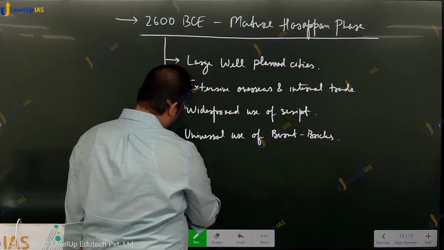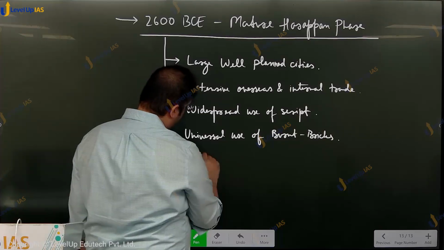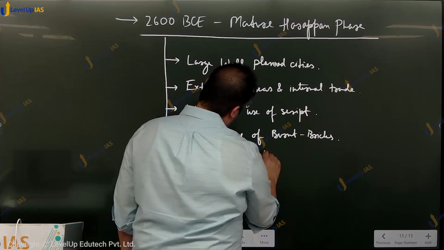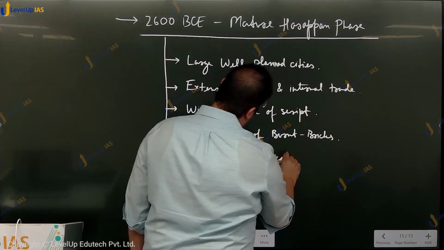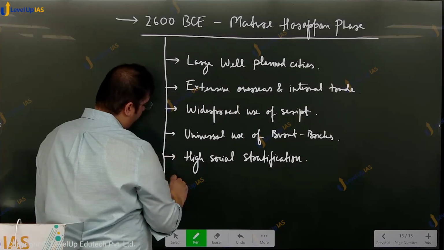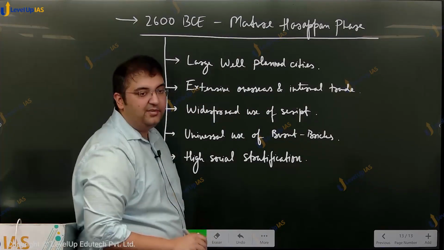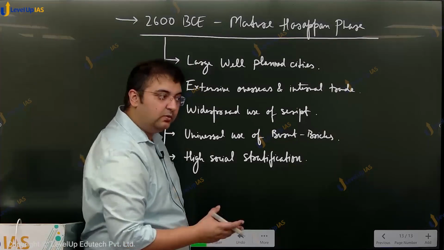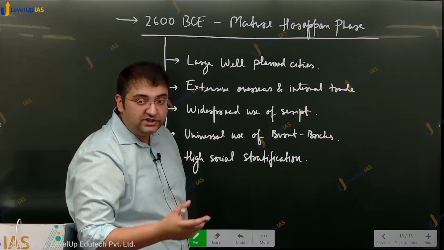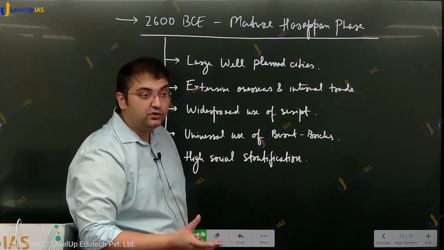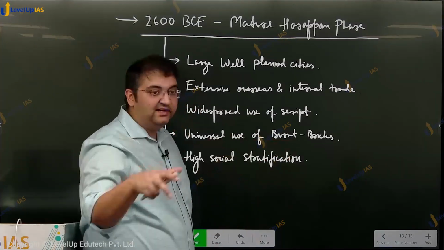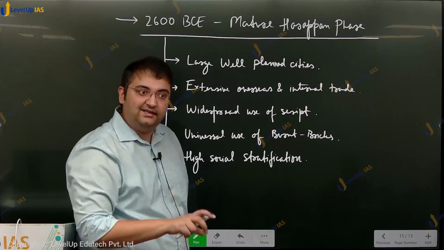So, high social stratification and a remarkable degree of homogeneity would also characterize this phase. That means the features of the different cities and the features of both the social as well as material culture of the Harappan people throughout the extended Harappan zone would be quite similar to each other.